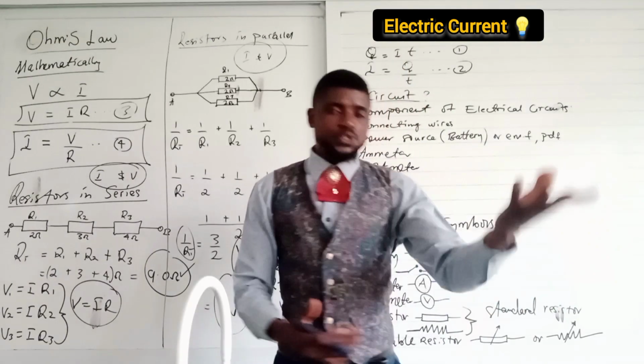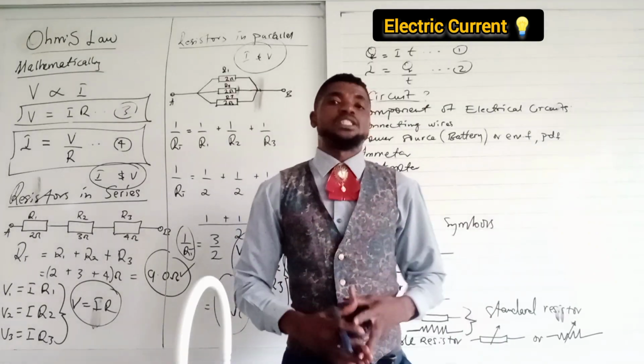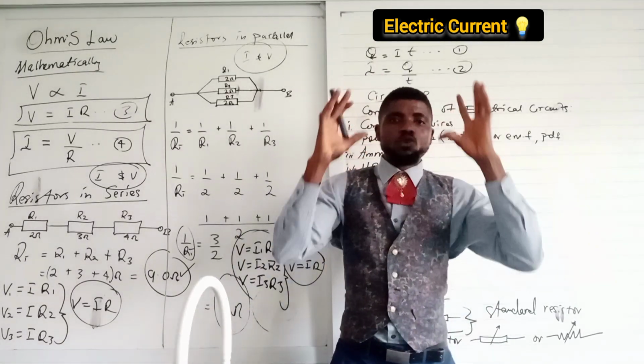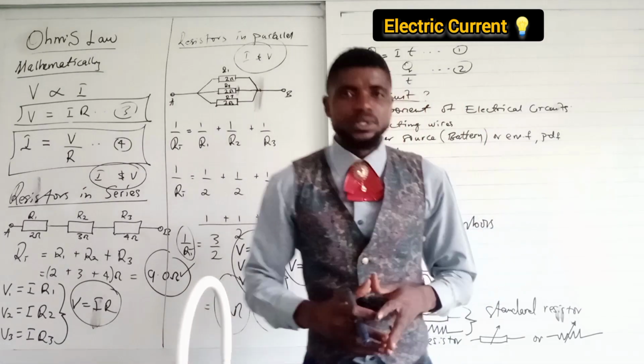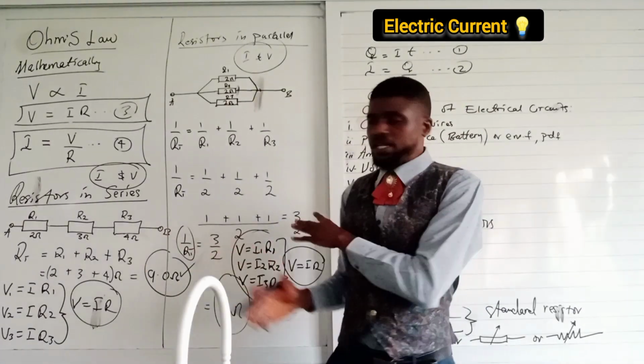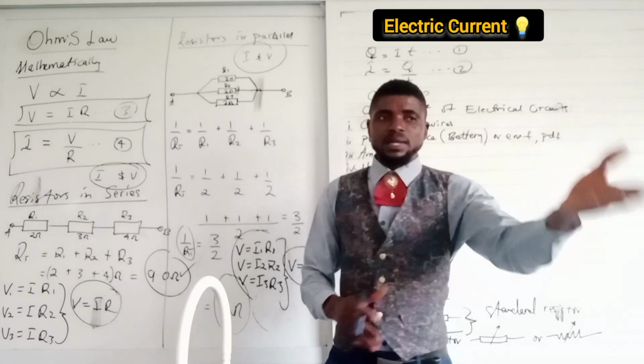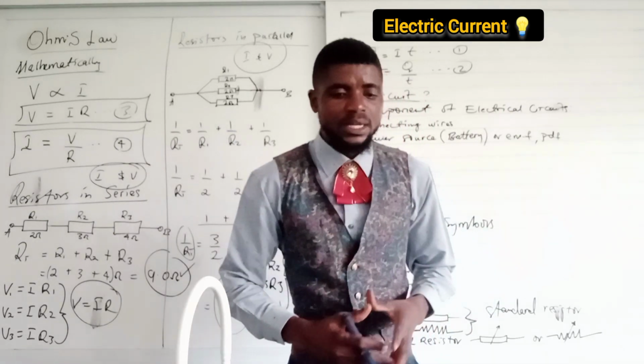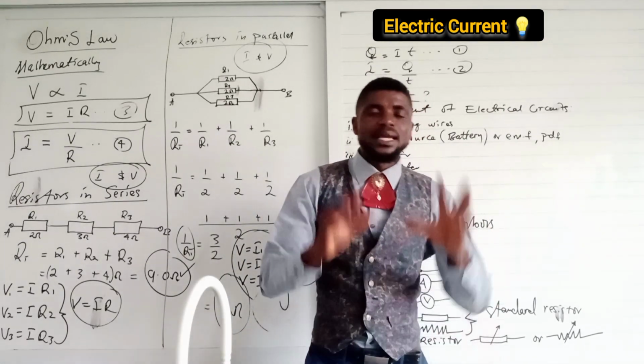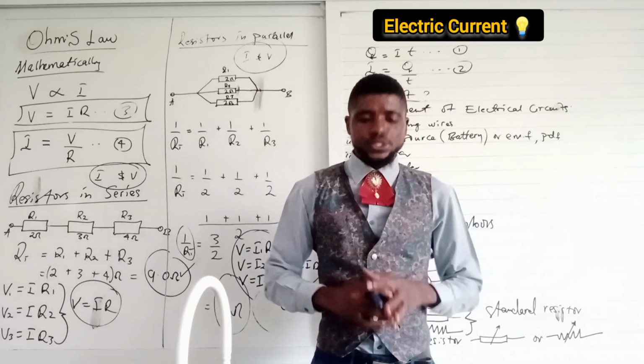Before we proceed to do our simple experiment, there are two main types of circuits. I'm not going to explain them on the board here, but I will explain them when I'm doing the experiment. We will have the closed circuit and the open circuit.